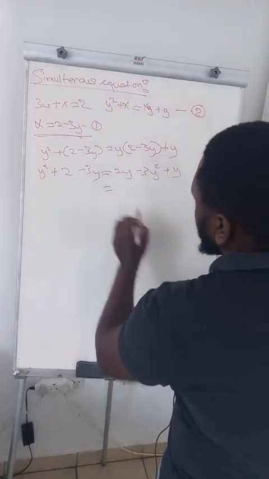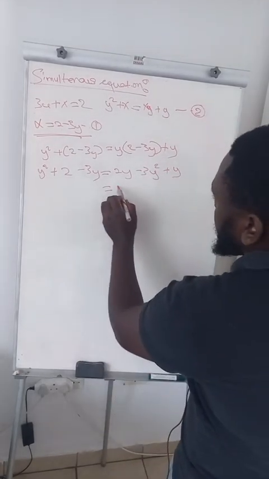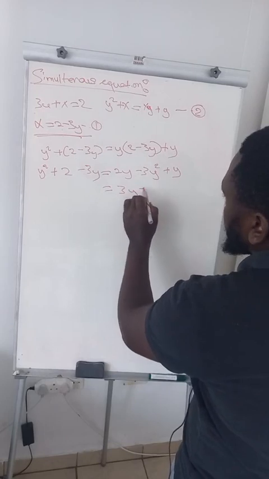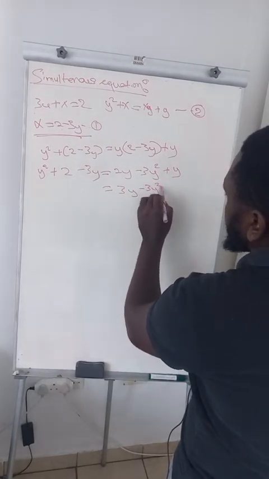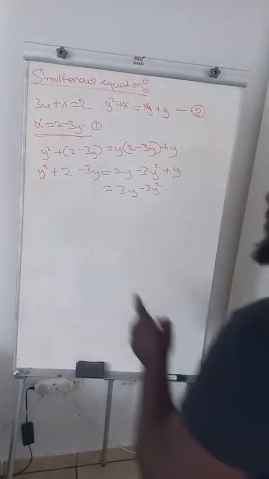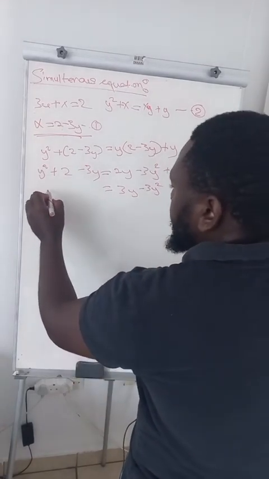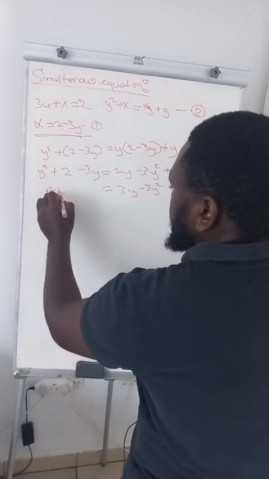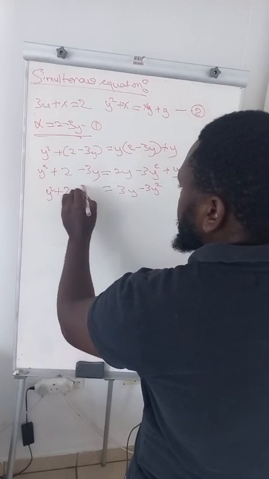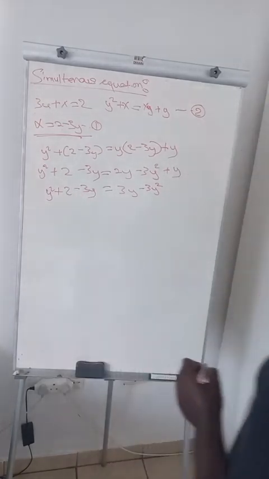So on the right hand side I'll be having 3y minus 3y squared. On this side I'll still be having y squared plus 2 minus 3y.